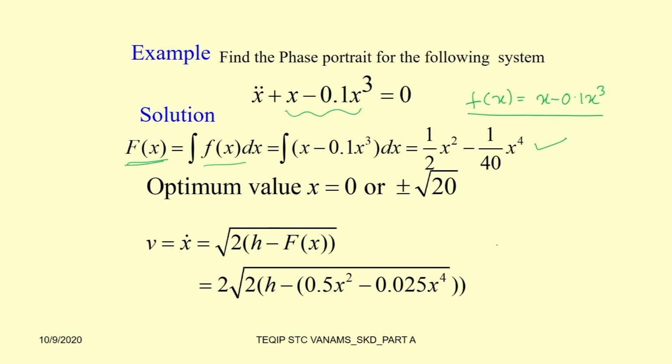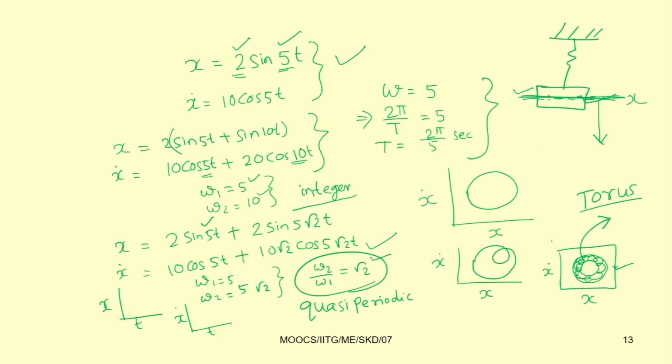Now, the optimum value of x. If you recall the spring mass system or the double pendulum, already you know that in the case of the double pendulum, the potential energy is maximum at this position. Similarly, the potential energy is maximum at this position, kinetic energy is 0 at this position, or it has a minimum value.